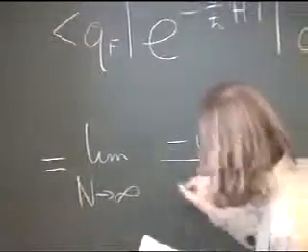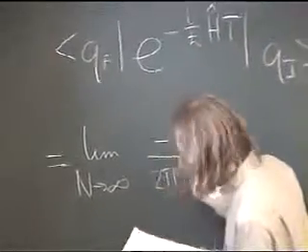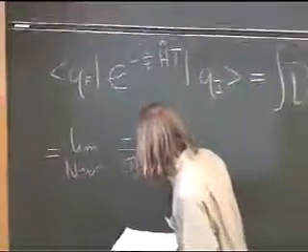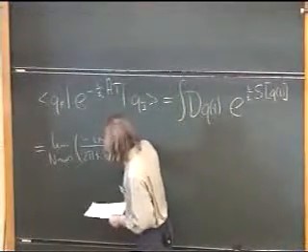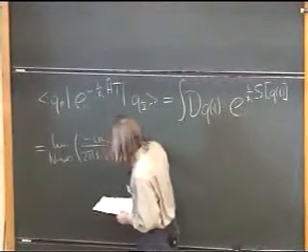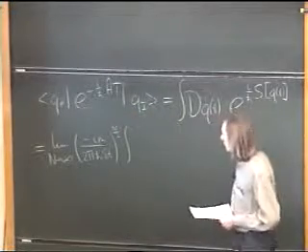So let me just write in all the factors. So it's 2 pi h bar delta t to the n over 2. And then we've got n minus 1 integrals.